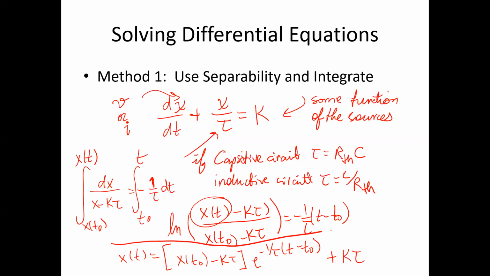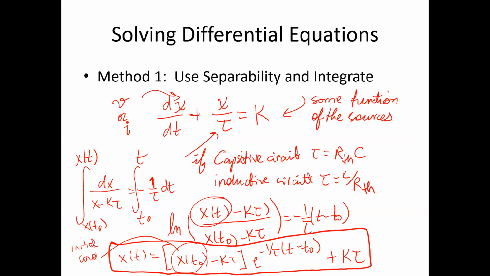So this is really kind of the important equation, which mathematically is going to tell us how to connect the dots in that timeline. The important thing to observe here is that x of t naught is our initial condition. And k tau over here is our final value.